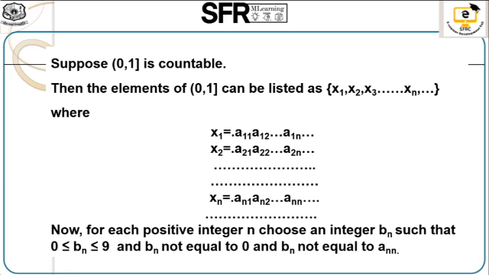Now, for each positive integer n, choose an integer bn such that bn lies between 0 and 9, with bn not equal to 0 and bn not equal to ann.